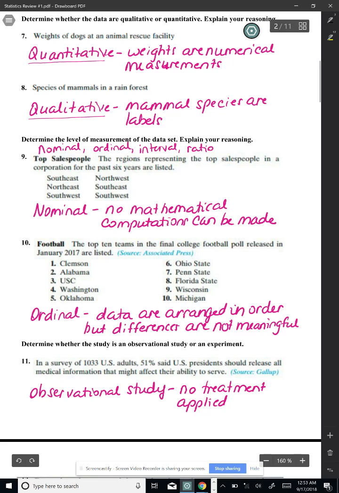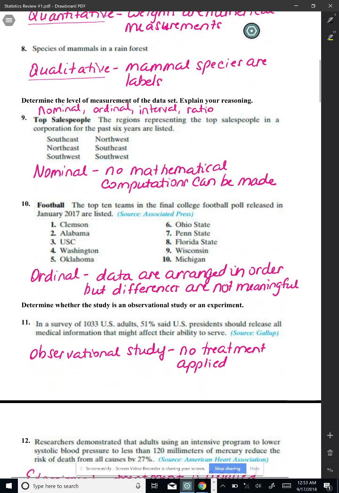This would definitely be nominal because there's no mathematical computations that can be made. On number 10, it's giving the top 10 teams in the final college football poll, and they are listed in order. So this would be ordinal, since the data are arranged in order, but finding differences would not necessarily be meaningful.